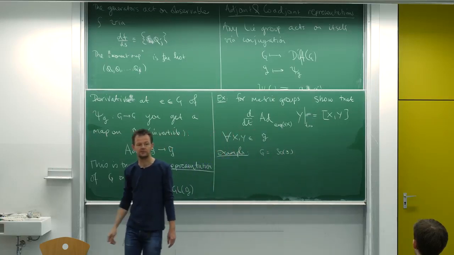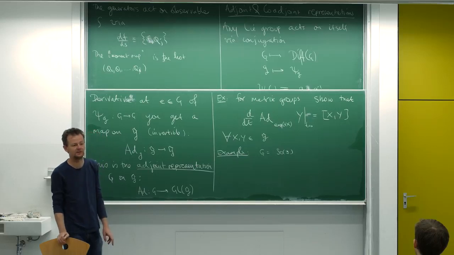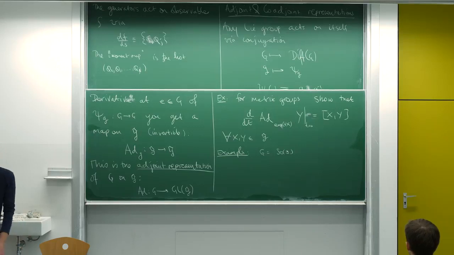So one group that's very interesting to look at in the context of classical mechanics is the rotation group, SO3. And elements of SO3, well, what are they? They're orthogonal 3x3 matrices.